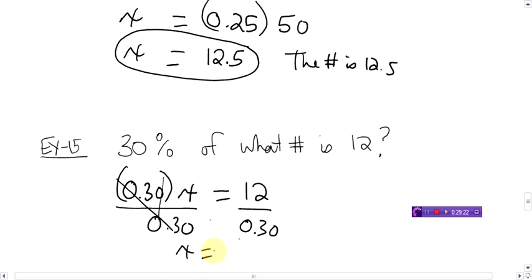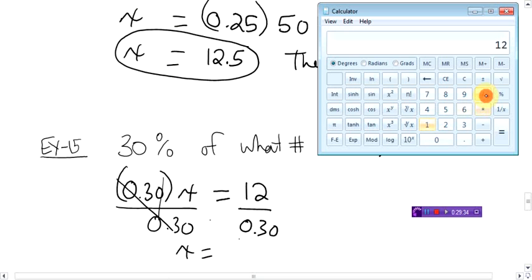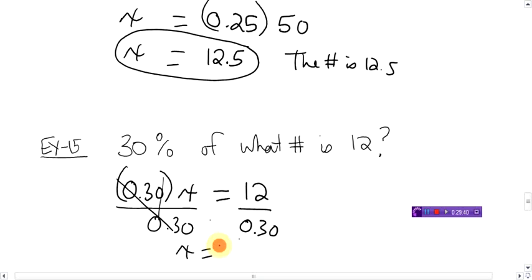X equals 12 divided by 0.30, which I all of a sudden can't do in my head right now. Let's do it in a calculator. 12 divided by 0.30 is 40. So 40 is the number.